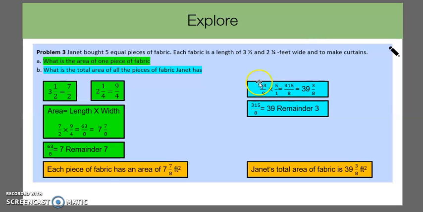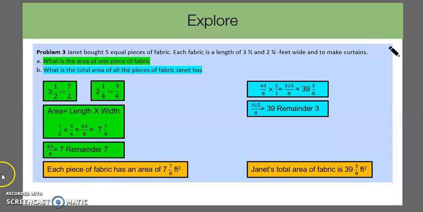And when we do this, we multiply across, and then we find that we have an improper fraction, and we go through the same process of converting an improper fraction into a mixed number. When we do that, we find that Janet's total area of fabric is 39 3/8 feet squared.